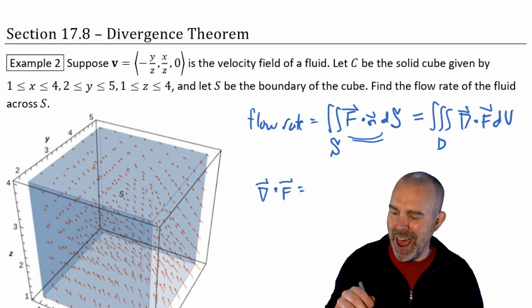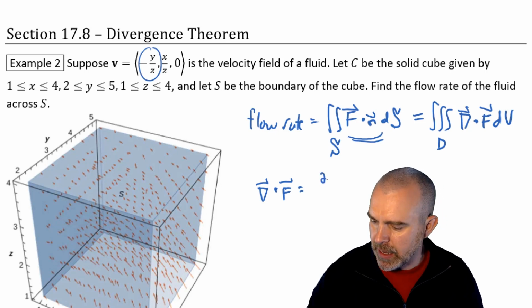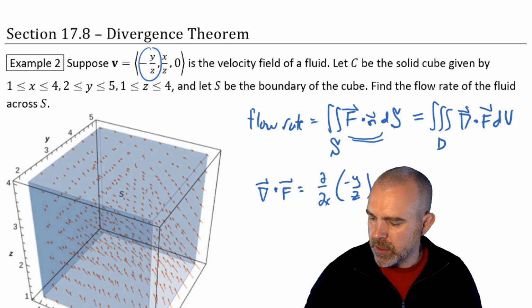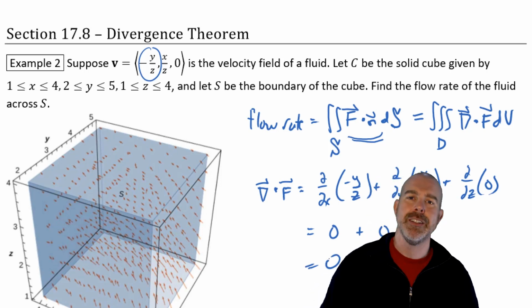Partial derivative of the x component with respect to x, of negative y over z, plus the partial derivative with respect to y of x over z, plus the partial derivative of z with respect to z, these are all 0.